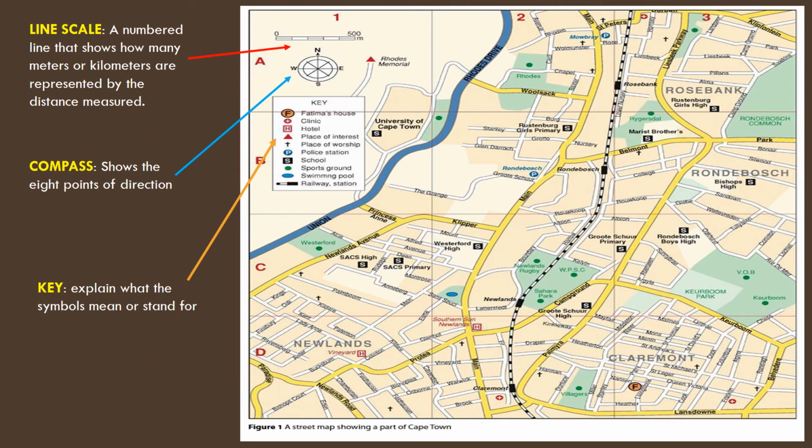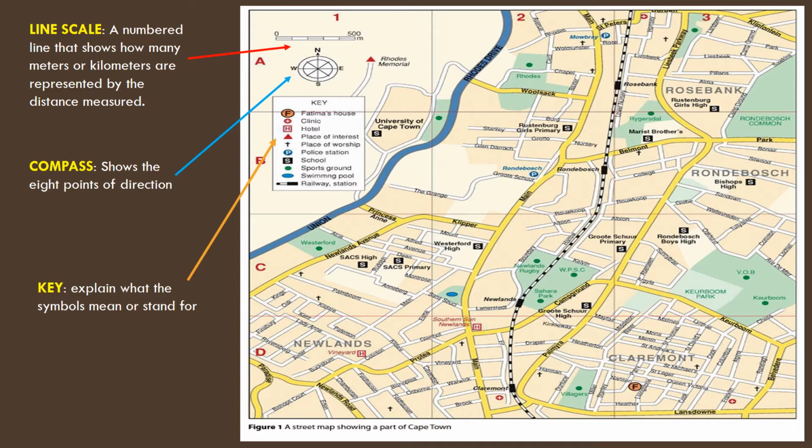All right, and so as we are looking into this topic of finding places on a map of a local area, it's important for us to highlight 3 things that have been covered in grade 4, 5, and 6: line scale, compass, and the key. We'll start with the line scale. The line scale is as indicated with the red arrow on the screen.